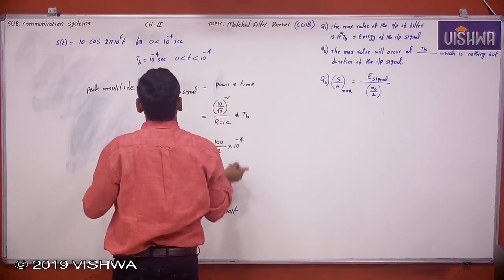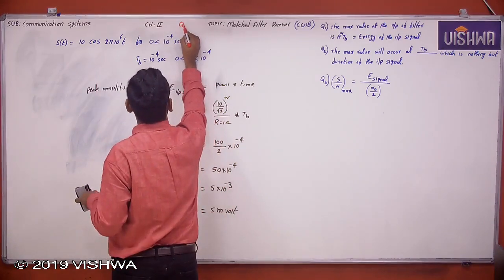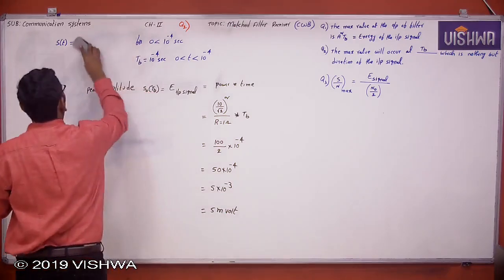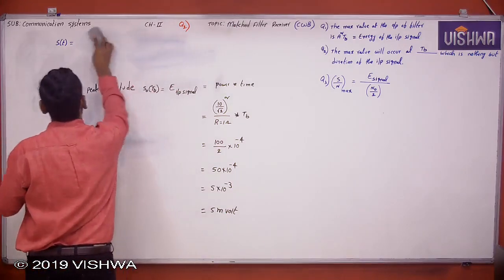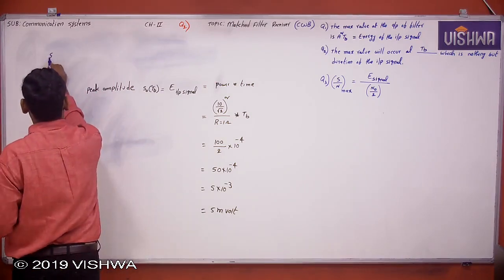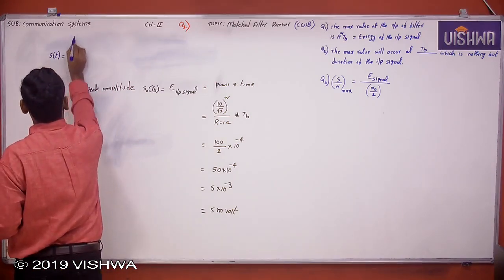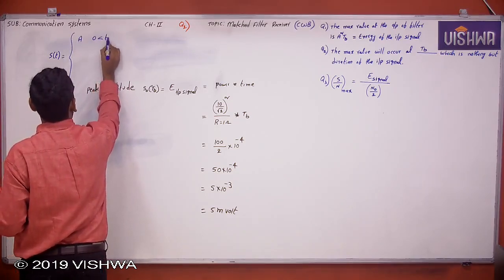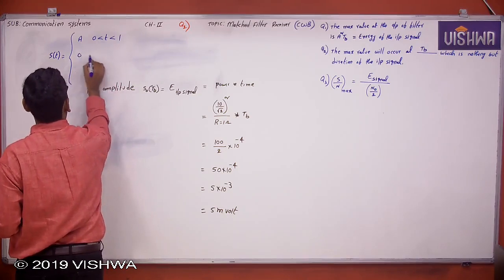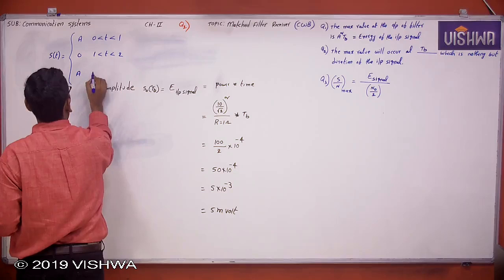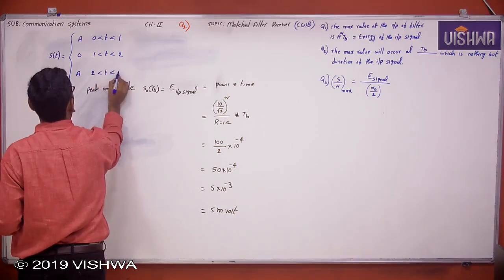Now, question number 2. S of t is equal to A for 0 less than t less than 1, 0 for 1 less than t less than 2, A for 2 less than t less than 3.